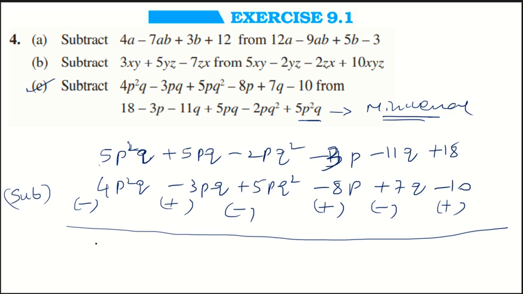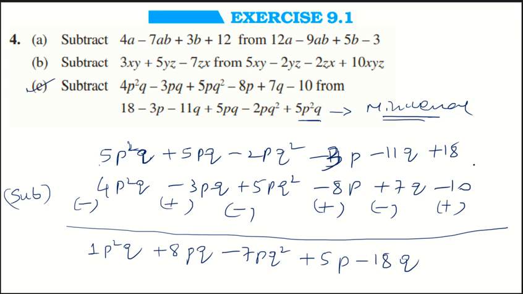Now, 5 minus 4 gives 1 p square q, plus 5 plus 3 gives plus 8pq, minus 2 minus 5 gives minus 7pq square, minus 3 plus 8 gives plus 5 times p, minus 11 minus 7 gives minus 18q, plus 18 plus 10 is plus 28.